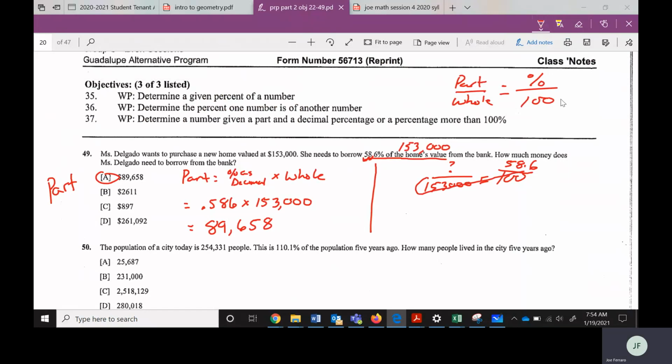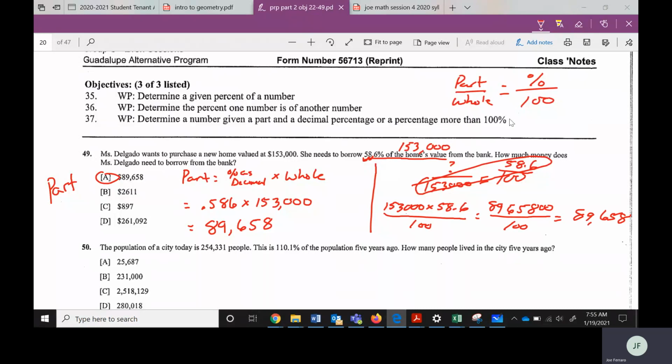So we cross multiply and divide, take the diagonal with 2 numbers. That would be 153,000 times 58.6, divide that by the 100. You get this, and so your answer is still 89,658.